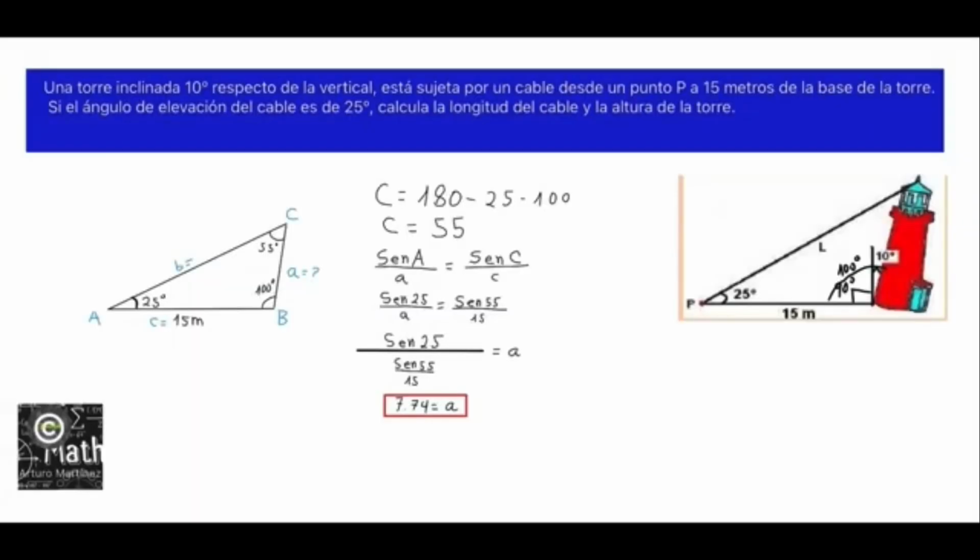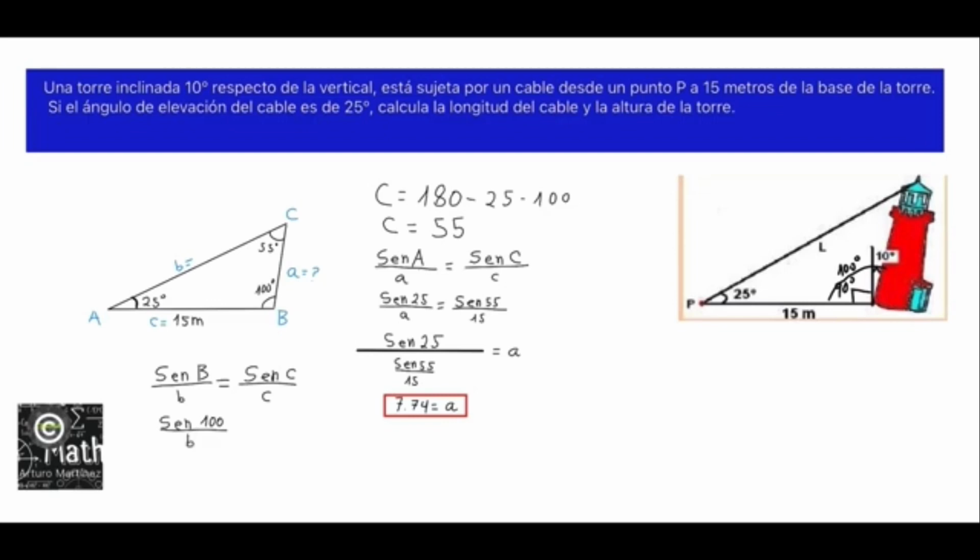We are going to use the part of the formula that interests us. If we place that the sine of the angle B divided by the length of side B is equal to the sine of the angle C divided by the length of side C, we will find the value of B, replacing the known values in the equation. It is as follows.